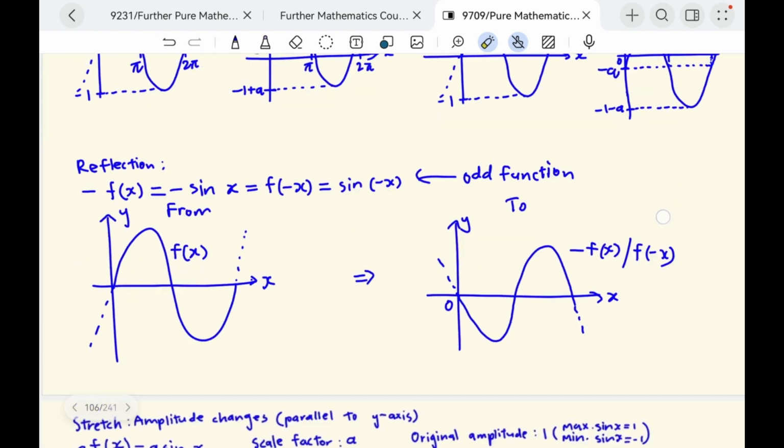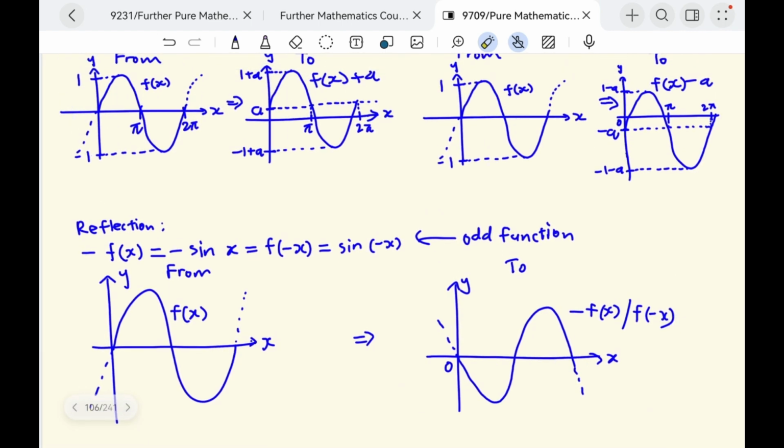So now let's move on to the next transformation, which is reflection. As the sine function is an odd function, if you multiply the entire sine function with a negative sign, you will transform from this to this. So why can we say that all of these are the same?